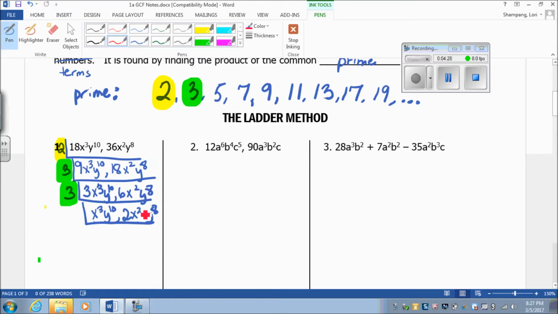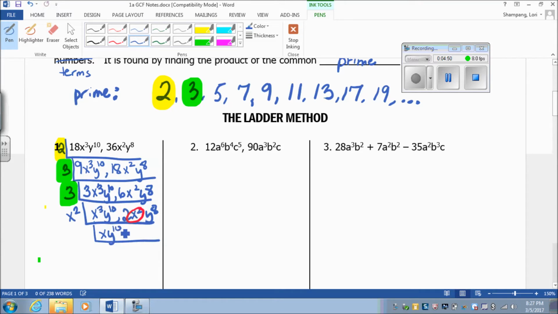So we can factor out x to the second because x to the second is common to x to the third and x to the second. So let's put our x squared here, and what I'm going to do at this point is just divide each one of these monomials by x to the second. x to the third divided by x to the second is just x.